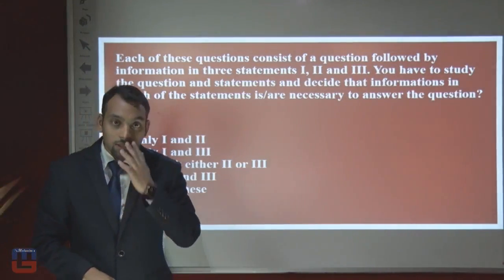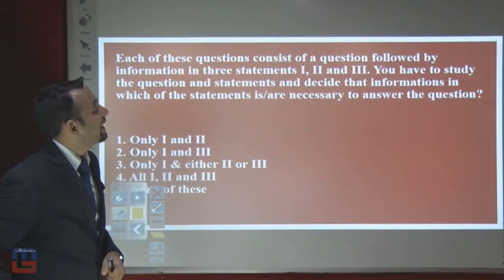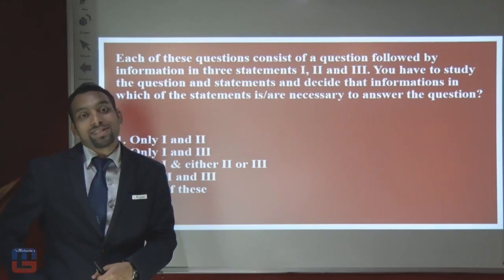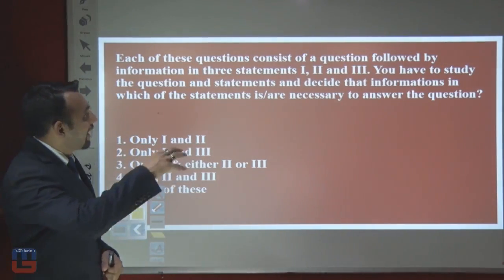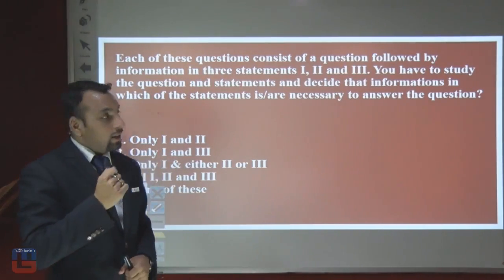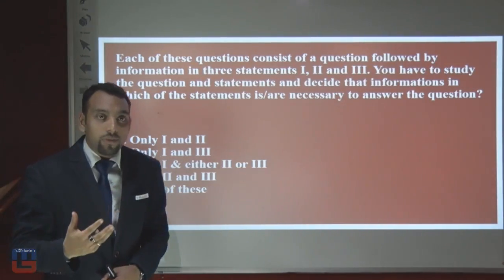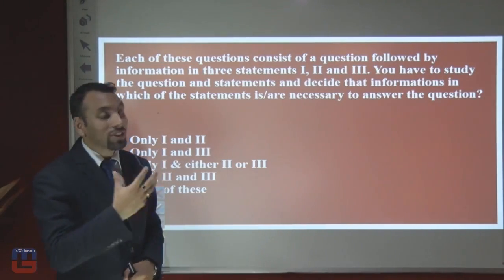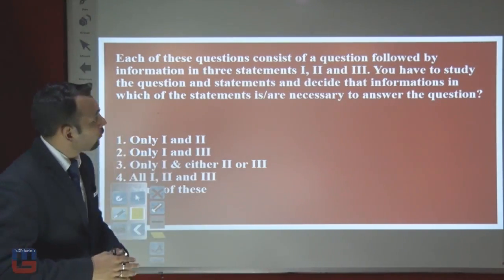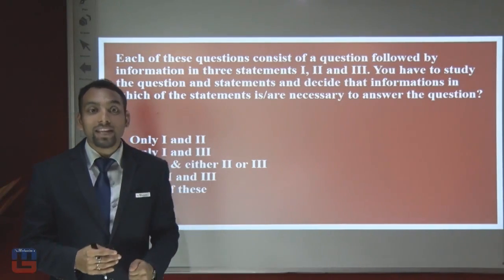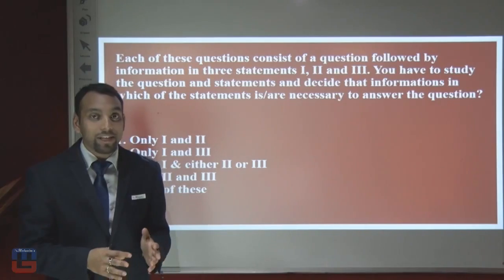You can see here the next question is from data sufficiency. As you all know, at least 1 or 2 questions can be seen in the examinations from data sufficiency as well. Now see, in data sufficiency what you have to do, basically you are given statements, first, second, third statement, and you have to study them and decide which statement or statements are necessary to give the answer.